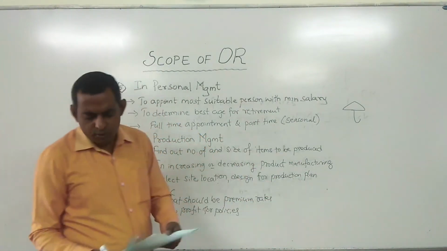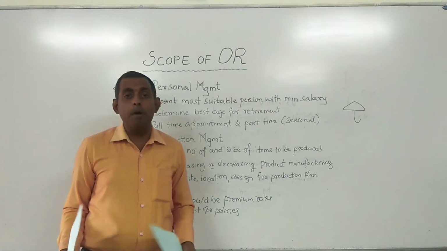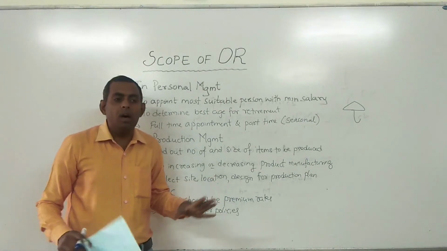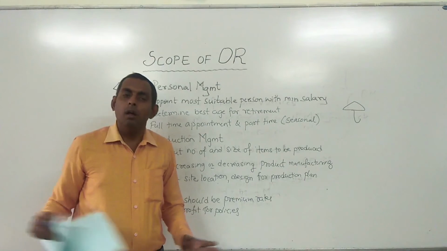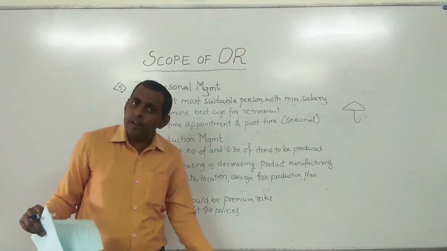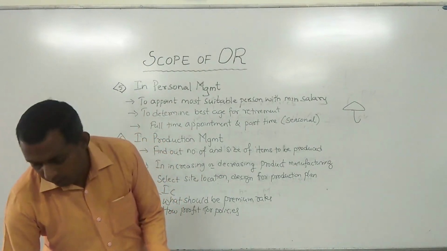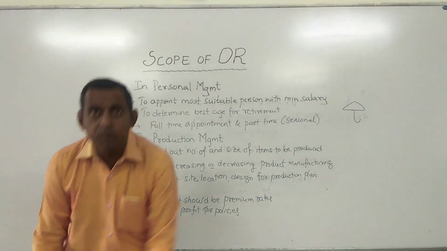So these are some of the areas where I have tried my level best to tell you the scope of OR, but this is only a limited scope. OR has, I mean to say, infinite scope. In the Second World War, they used operation research only for military resources.